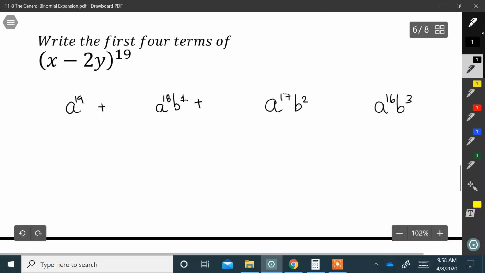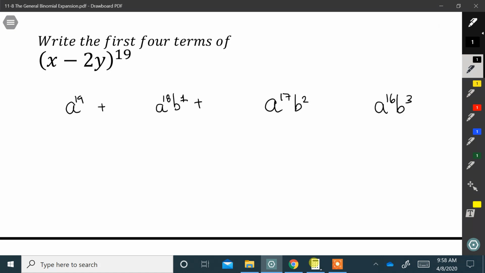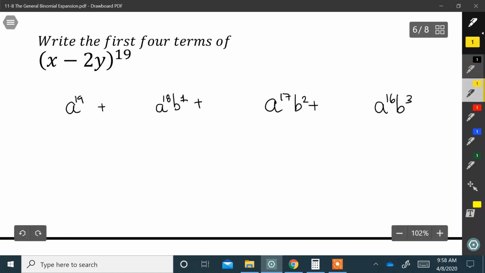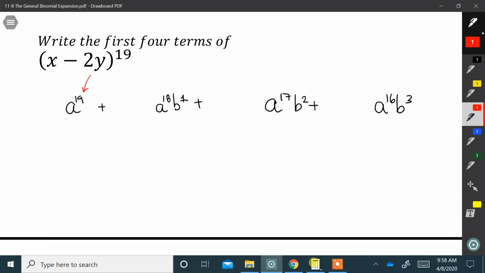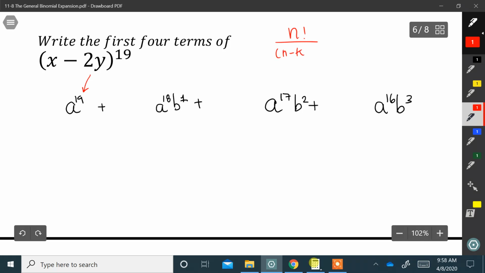Well, guys, those numbers, what you're getting here, you already know the formula is this: n factorial over n minus k factorial times k factorial, then a to the n minus k, and then b to the k.